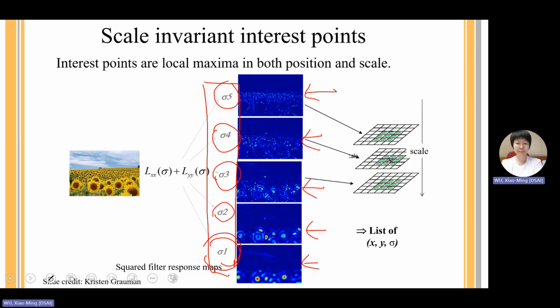Okay, so applying different filters allows us to identify blobs of varying sizes. Now we need to take a look at all those response maps and determine the interest points, the local maxima.